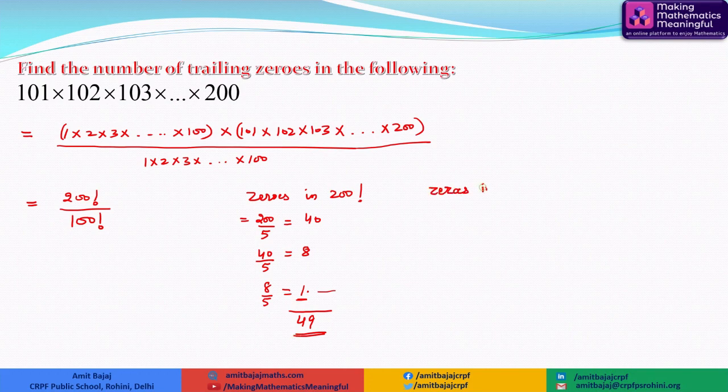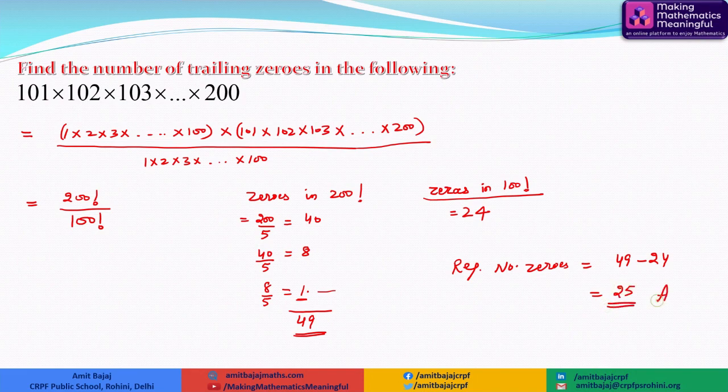And the number of zeros in 100 factorial that we have already calculated is equal to 24. So the required number of zeros would be clearly 49 minus 24, which is equal to 25 as your required answer.